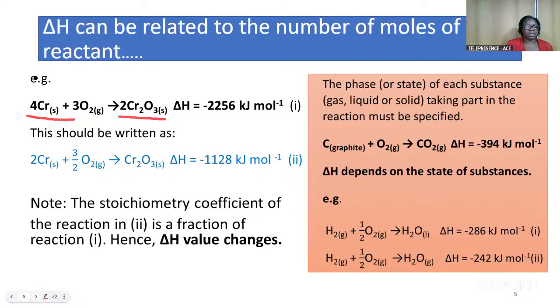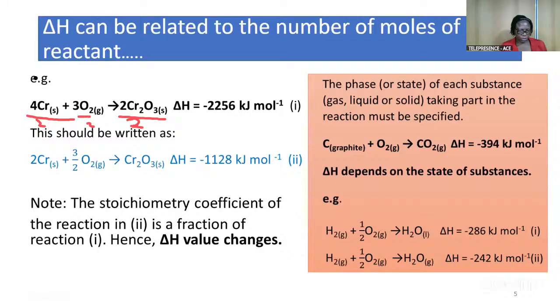And what that means is that for you to have that, we divide this one by 2. Once you divide this one by 2 to have 1 mole of the product, then you will have to divide all these coefficients by 2.